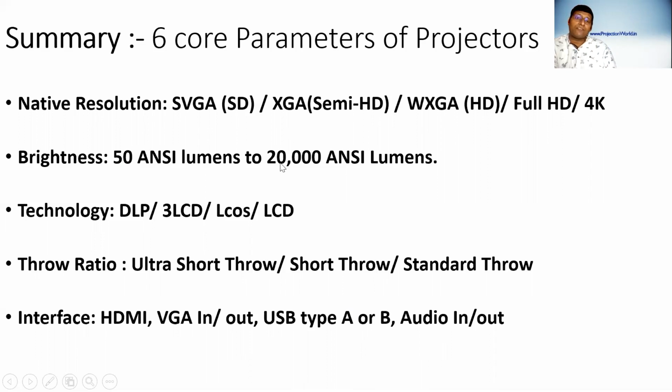An XGA projector with 3000 ANSI lumens, 3 LCD technology, standard throw, and all the interfaces. It becomes easy. So these are the 6 parameters we have covered, which become very helpful for choosing a projector. And plus, you can use the same projector in an auditorium or a banquet hall if you want to give any presentation or take any trainings for students.